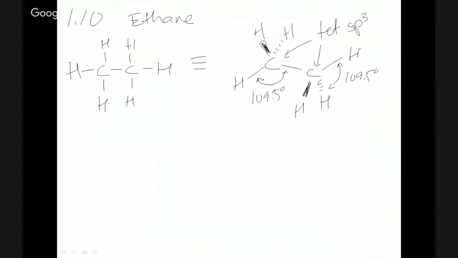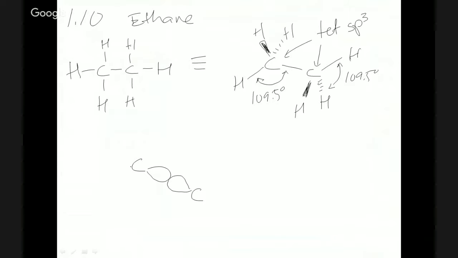You have these carbons that have sp3 orbitals overlapping, forming a bond. That's the carbon-carbon bond.